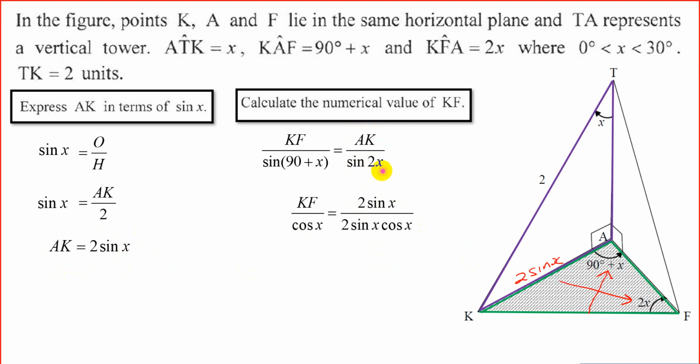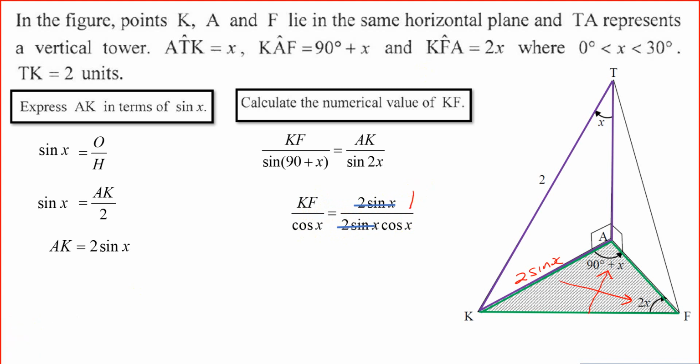Then I'm going to use my double angle formula and expand sine 2X as 2 sine X cos X. You'll notice that 2 sine X and 2 sine X, we can cancel that off. Then we're left with KF over cos X is equal to, well, everything on the top canceled off, so we can put a 1 here.